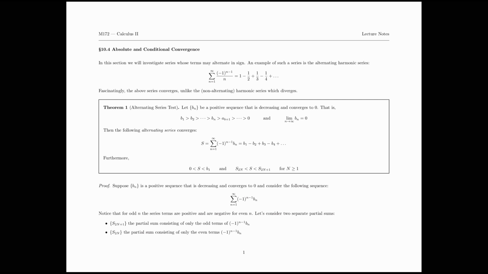So in the case of the alternating harmonic series up here, the b sub n ends up being 1 over n. And the component that does the alternating, that takes care of the flipping of signs, is just (-1)^n. This is equal to one of two things: it's either equal to +1 if n is even, and it's equal to -1 if n is odd.